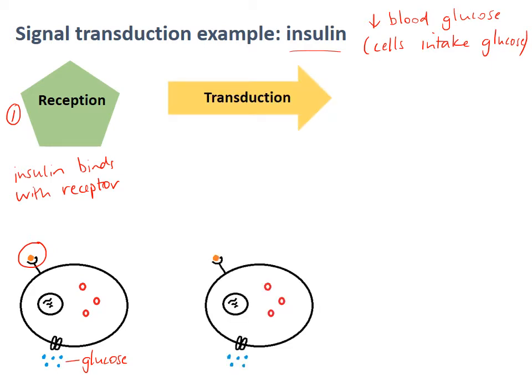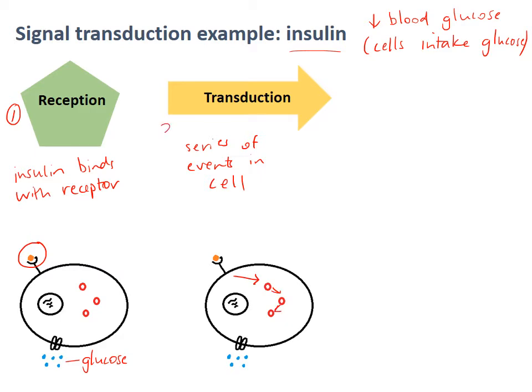Transduction. You don't need to know the details of all the little things that happen, but let's just say we have a series of events in the cell. I'm going to show that as these little red things. So after the signal is received, other messages get sent. That's all you need to know for that.